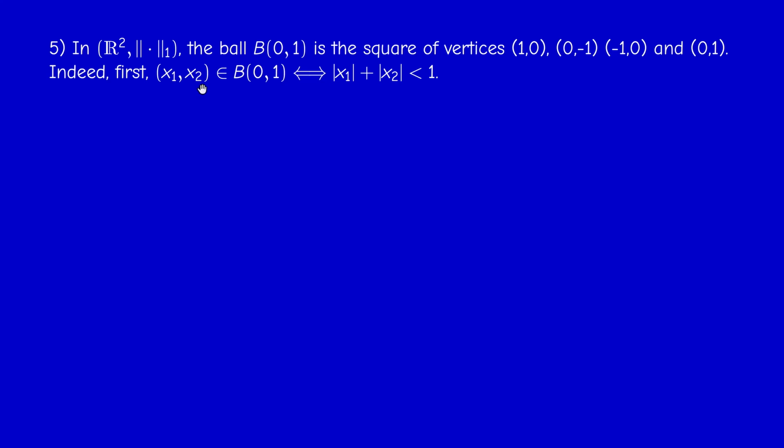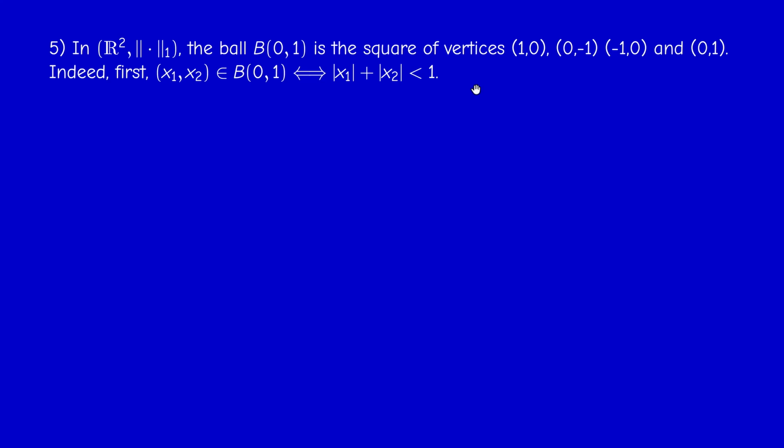First, observe that x1, x2 belongs to this ball. What does it mean? It means that the distance between x1, x2 and 0, 0 in the one norm, which is just absolute value of x1 minus 0 plus absolute value of x2 minus 0, is less than 1. So a couple x1, x2 belongs to this strange ball if the sum of the components in absolute value is less than 1.